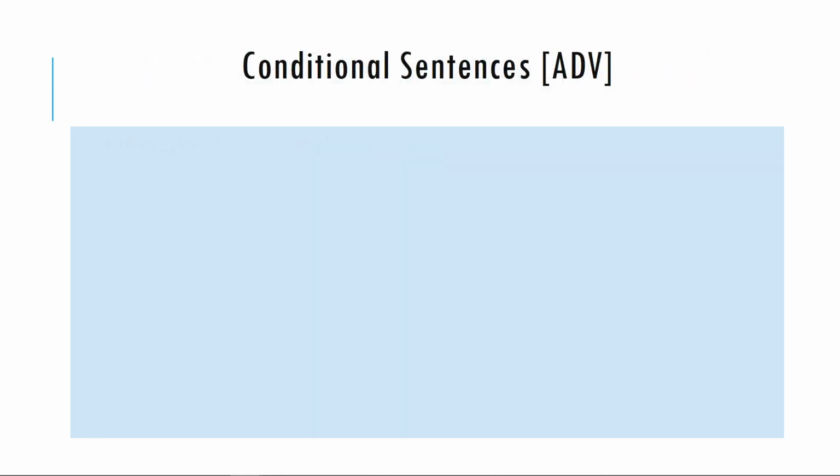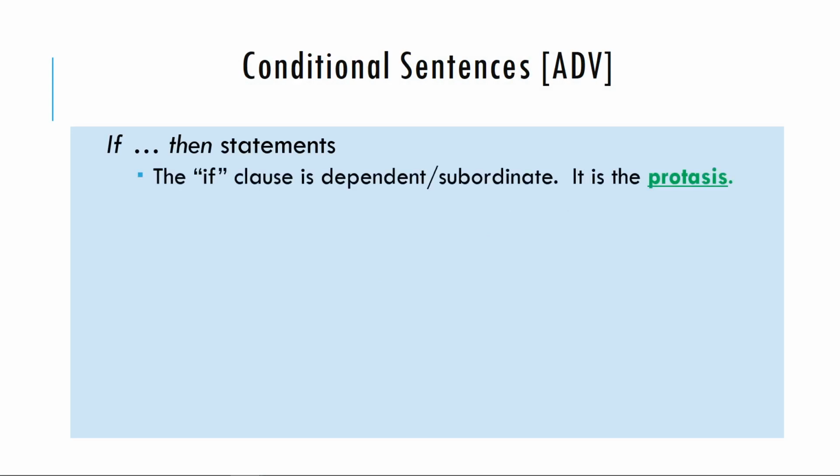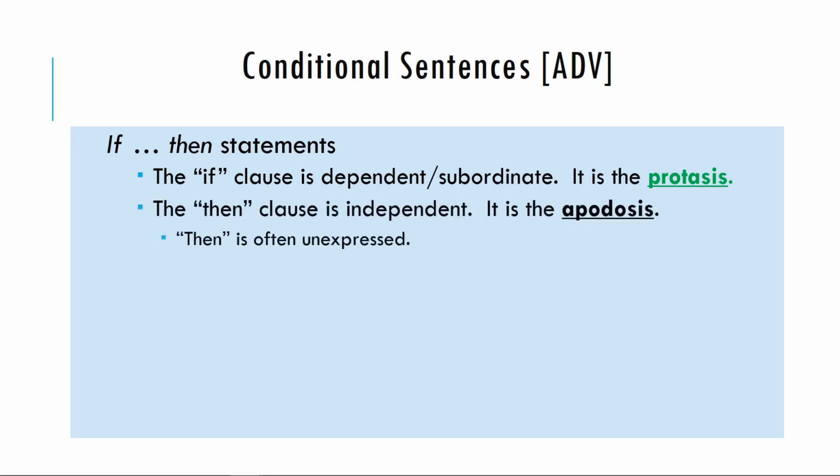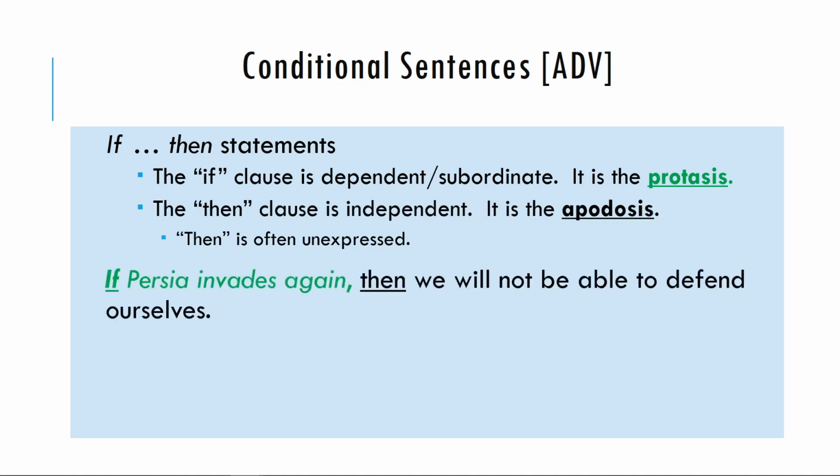Then we have conditional sentences. These are the famous if-then statements. If is the dependent part of it, the subordinate part of it, and it's called the protasis, pro meaning coming before. The then clause is the independent statement. It's called the apodosis. Often the word then is not expressed. So if Persia invades again, then we will not be able to defend ourselves.